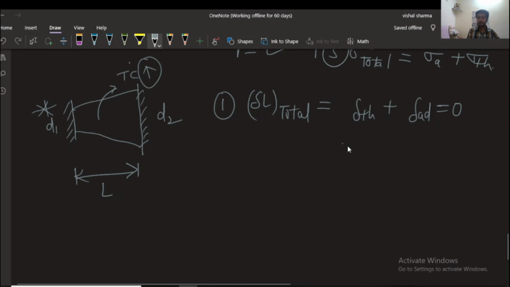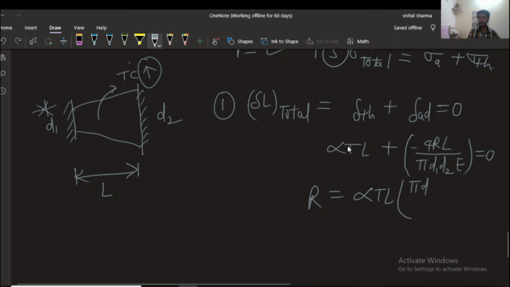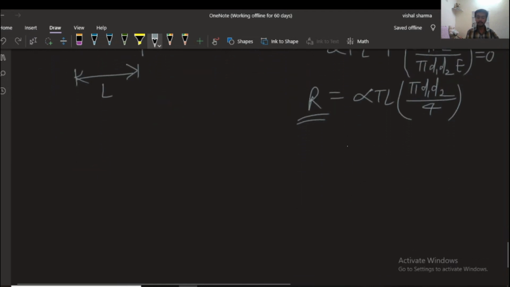The thermal change is given by alpha TL, plus due to the axial load the change in length is given by 4RL upon pi d1 d2 E, which is equal to 0. From here we can calculate the reaction force R, which is equal to alpha TE pi d1 d2 by 4. That is the reaction force in case of the taper beam when there is a complete restriction.